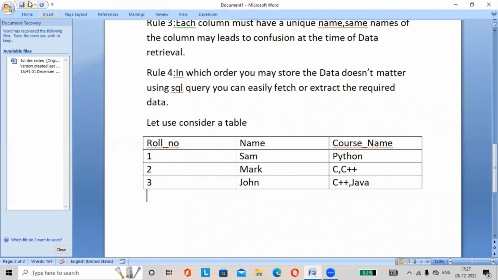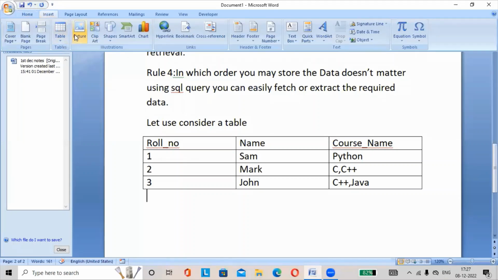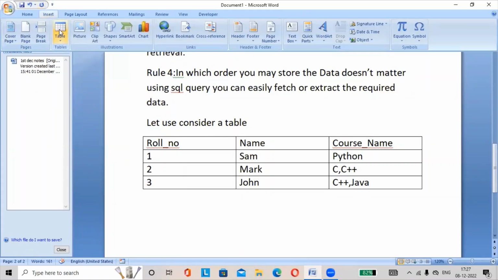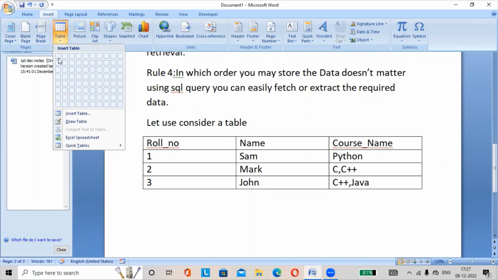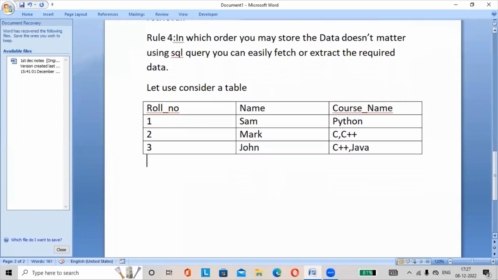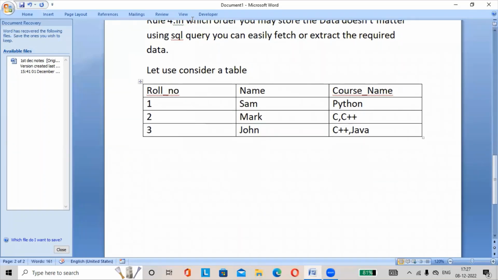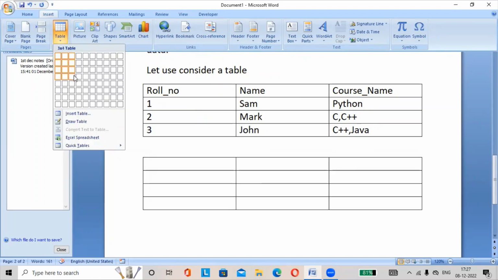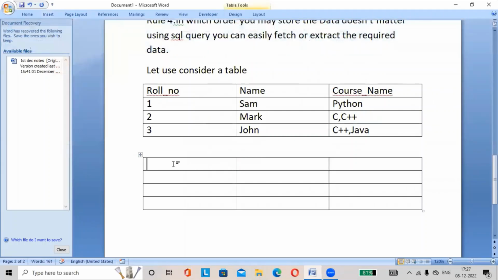One more table we will create to make this table first normal form. Okay, 3 columns. First one is roll number, next name, next course name.